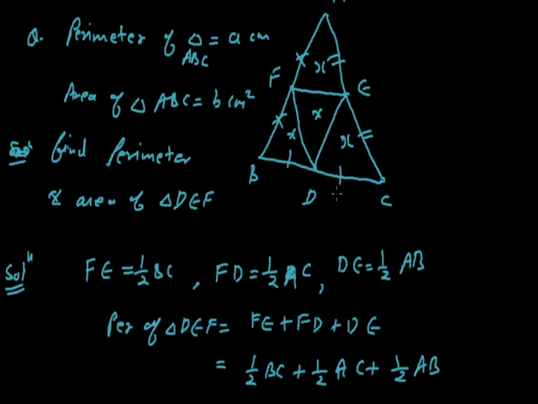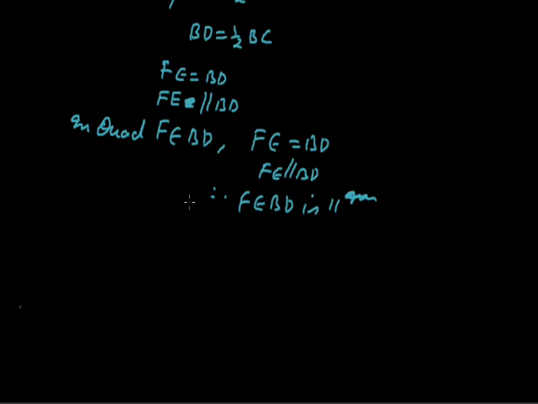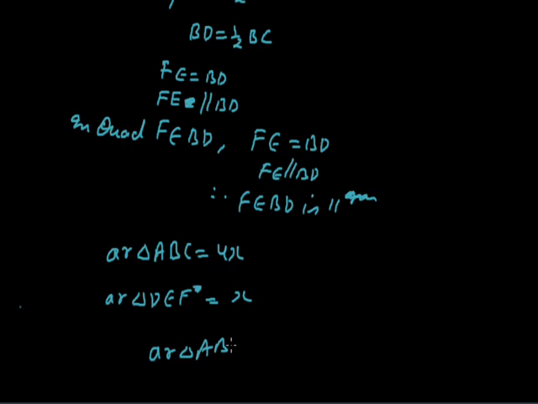Now according to the given figure, we see that the area of triangle ABC is 4x. Area of triangle ABC is equal to 4x, and the area of triangle DEF is equal to x. Now from these two statements, I can say that area of triangle ABC is equal to 4 times x, that is x is nothing but area of triangle DEF.